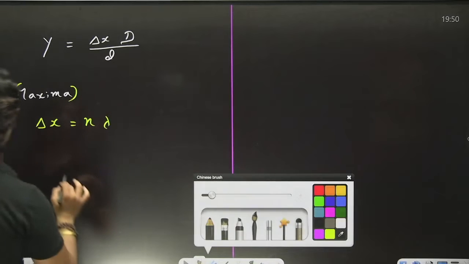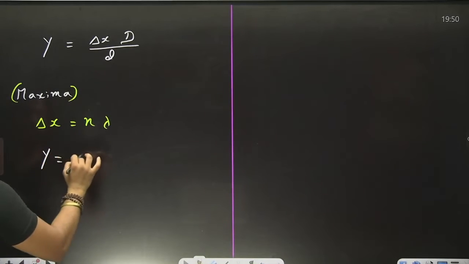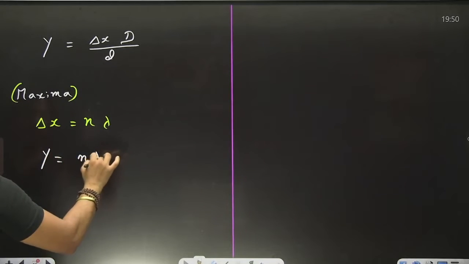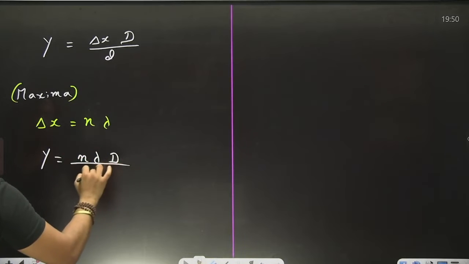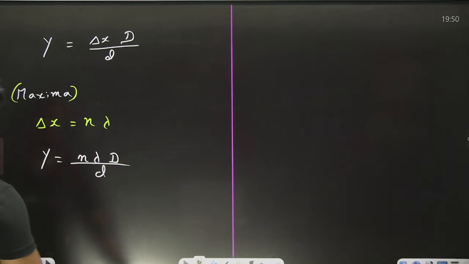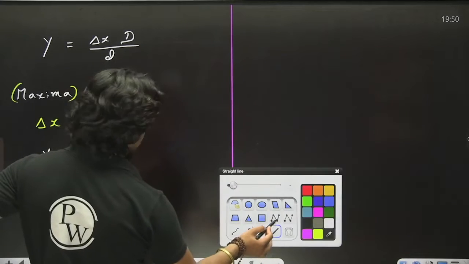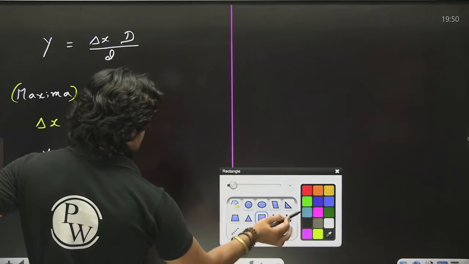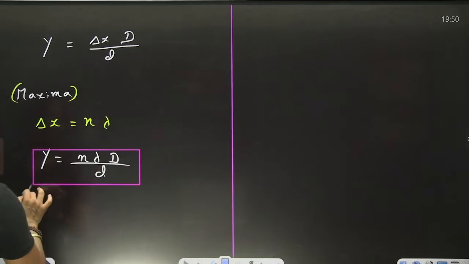So we are left with y equals n lambda D by d. This is the condition of maxima.